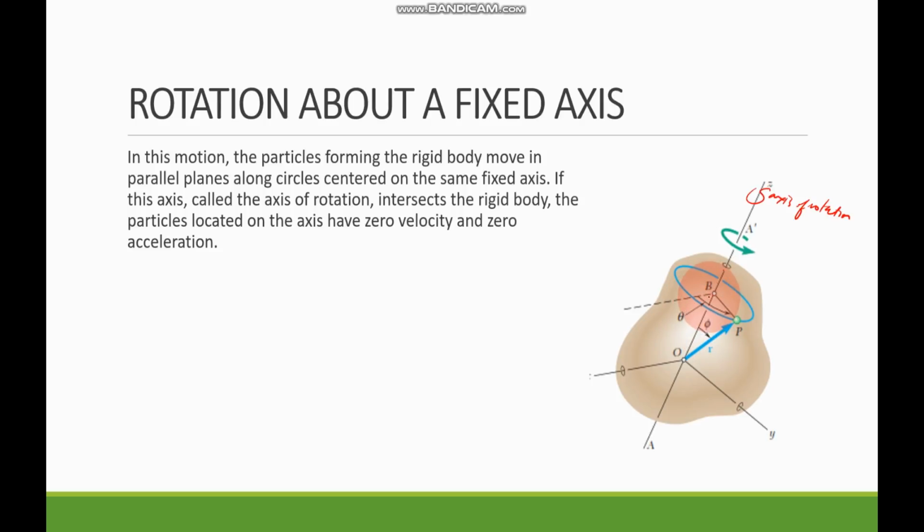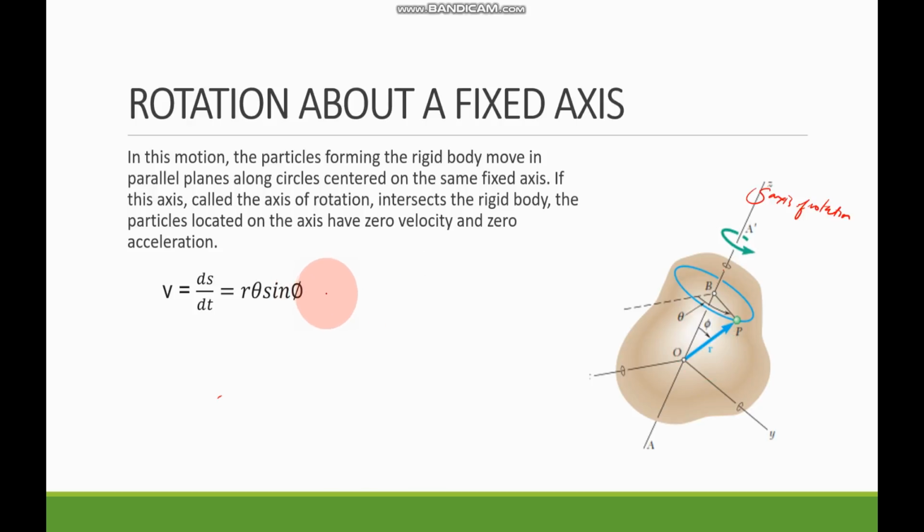And the angle that is formed in the plane is what we call the angular coordinate. So our theta here is the angular coordinate. Our r here is the position vector.